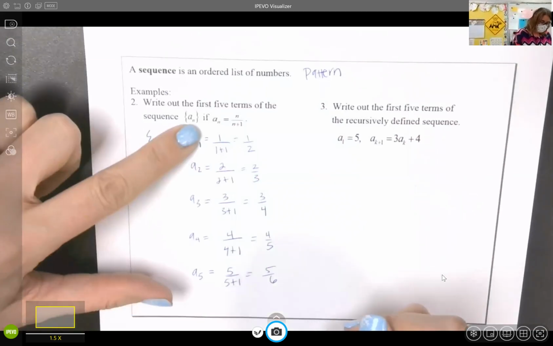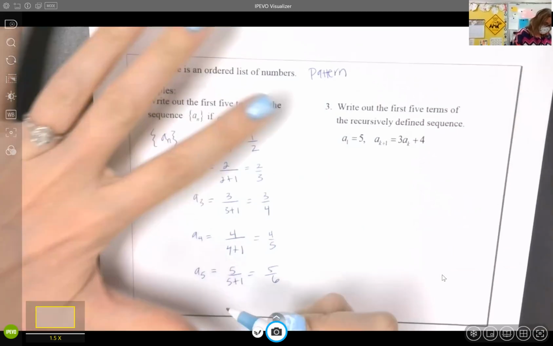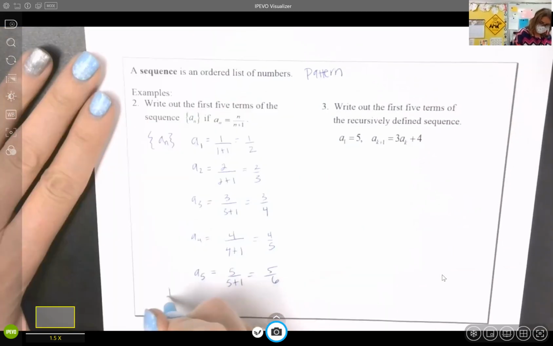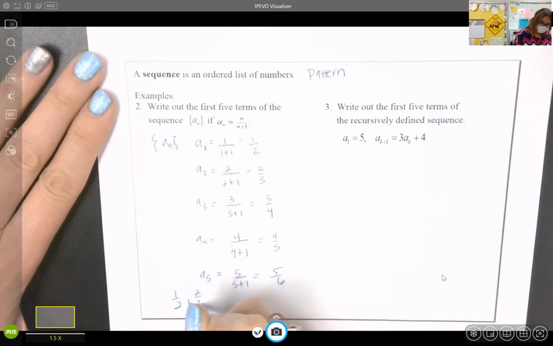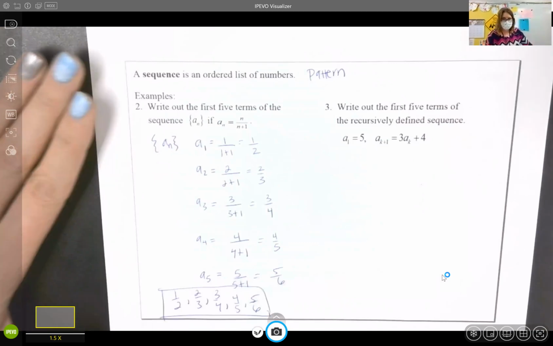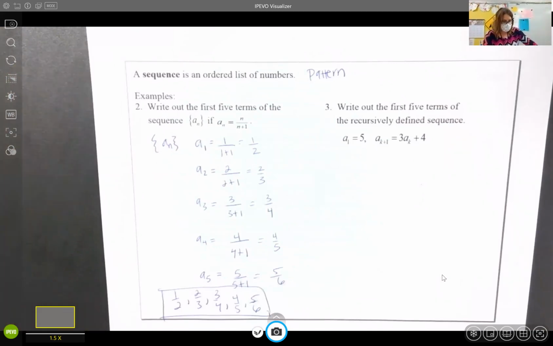So if it asks for the first 5 terms, then I'm going to write 1/2, comma, 2/3, comma, and you're just going to write the 5 terms in a row. Okay, so that gives us the first 5 terms.